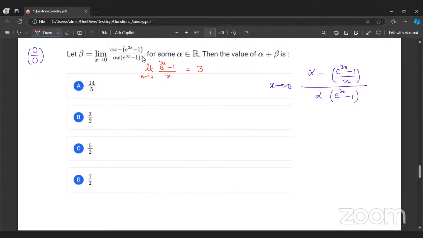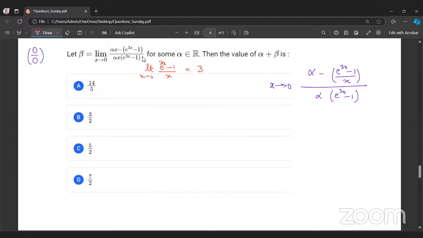Your denominator is tending to 0, so where should your numerator tend to? 0. It should tend to 0. So you have alpha minus e raised to this thing minus 1 whole divided by x.